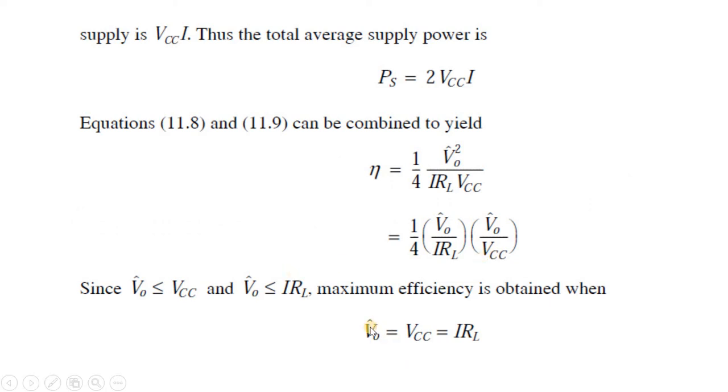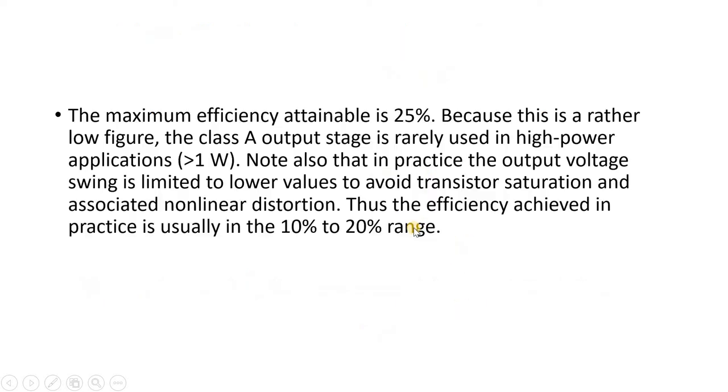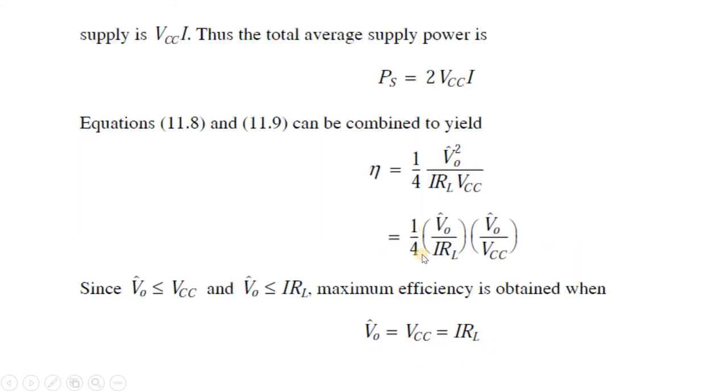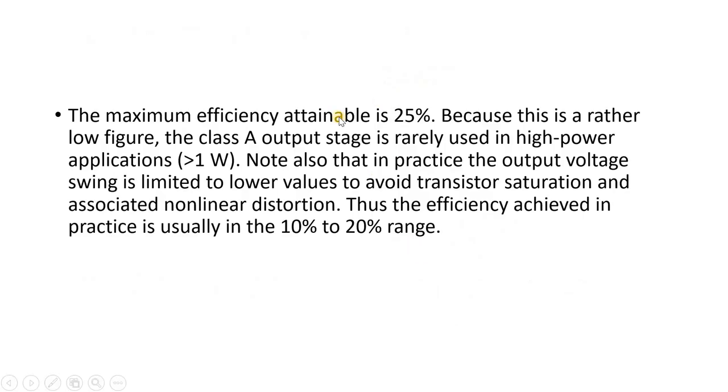Then substitute V naught equals I RL. So I RL cancels, and you get 1 by 4, which is 25%. So the maximum efficiency attainable is 25%.